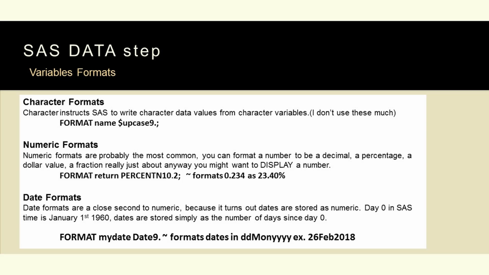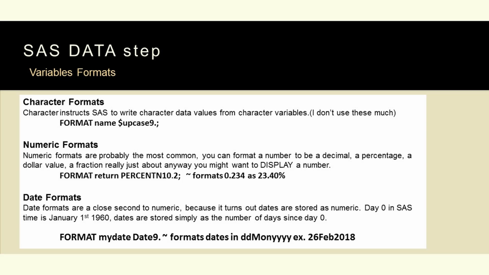Date format. Since SAS stores dates as numerics, people will say, well, where does it start, right? How does it do that? Well, day zero for SAS is January 1st, 1960. And everything since then is the number of days since day zero.